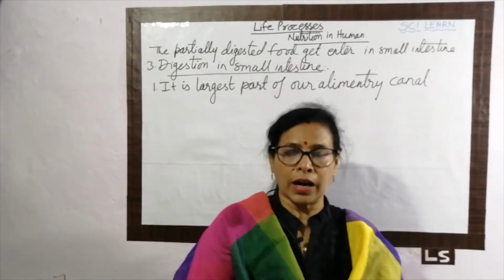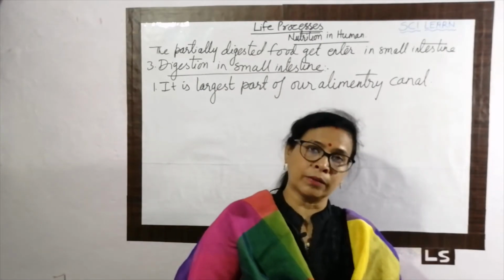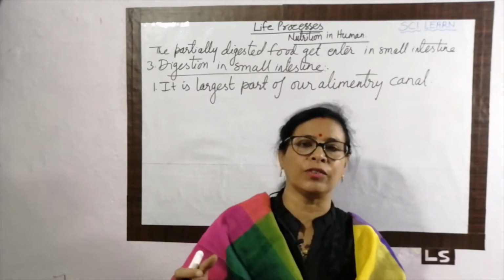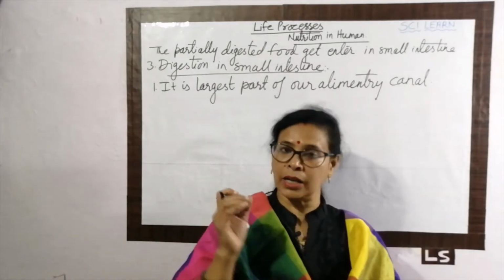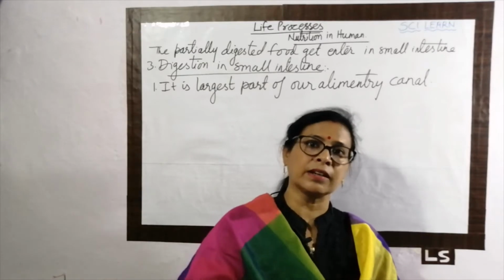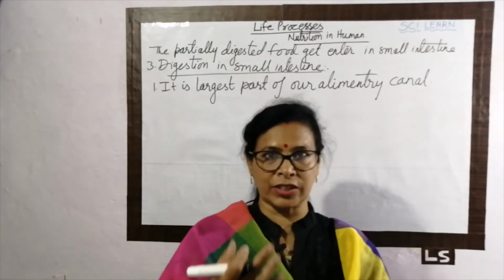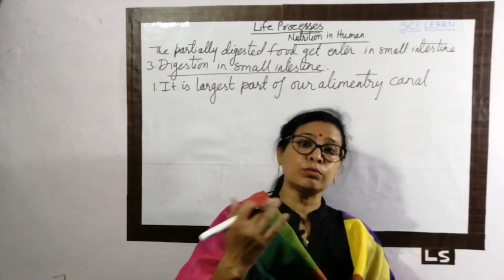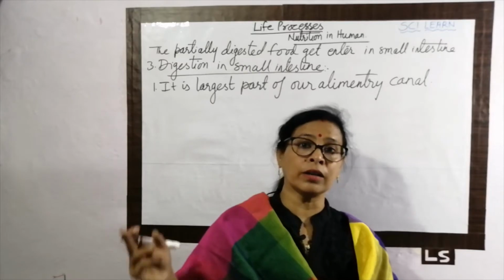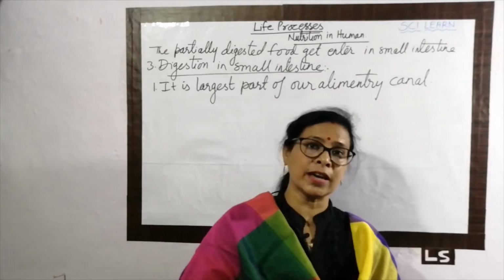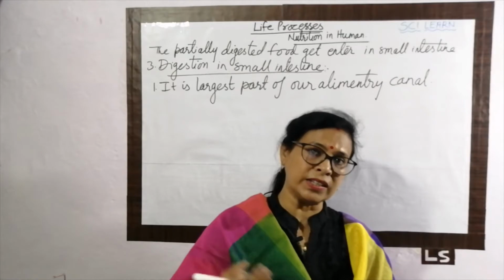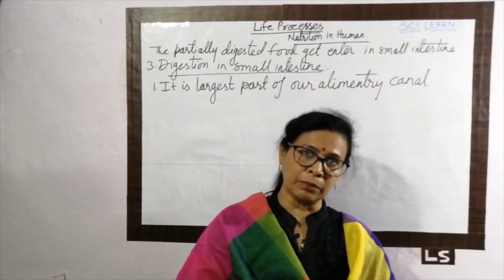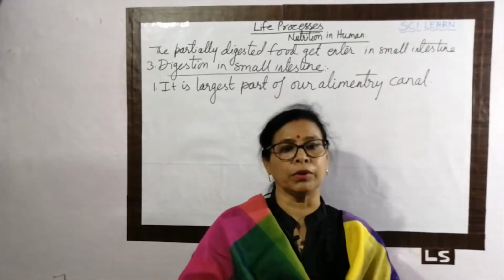If the animals are herbivores, the length of the small intestine is longer compared to carnivores, because herbivores eat cellulose, which is a complex carbohydrate. It takes too much time to digest, so it has a long small intestine. But carnivorous animals eat flesh, and it is easier to digest. So the small intestine in carnivores is small compared to herbivores.